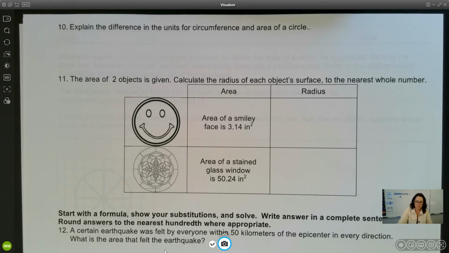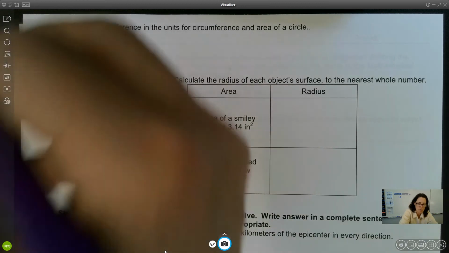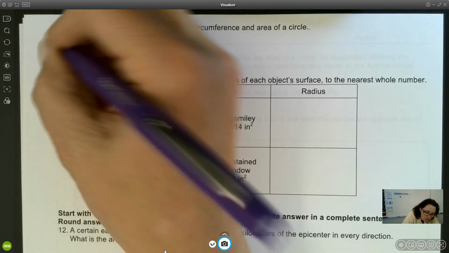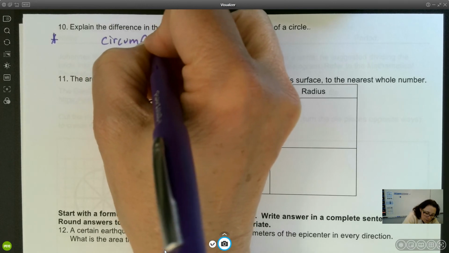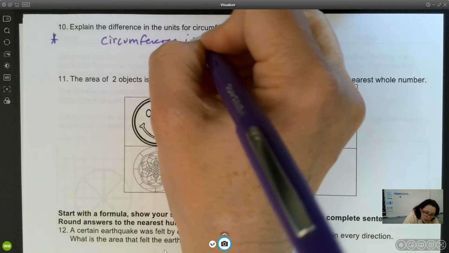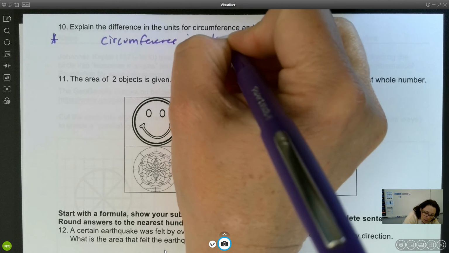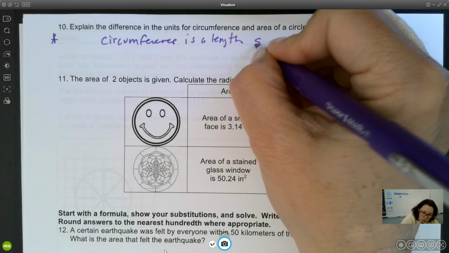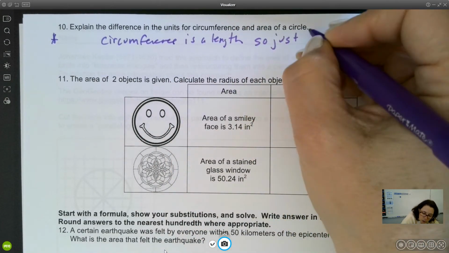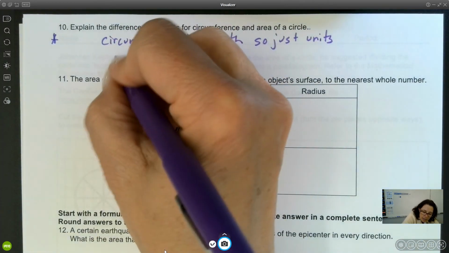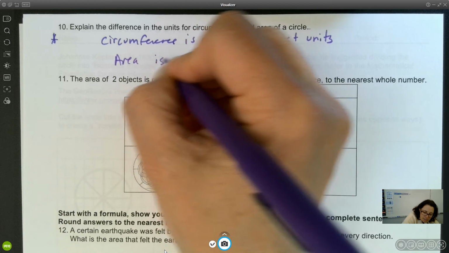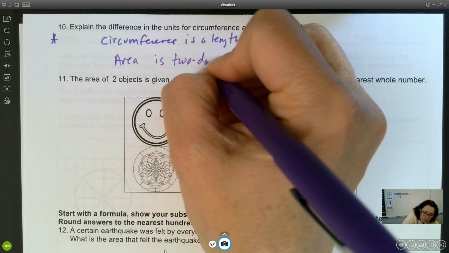Okay, explain the difference in units for circumference and area of a circle. Okay, so circumference, this is important. You don't want to lose a point because your units are off. Circumference is a length. So just plain old units. Area is two-dimensional.